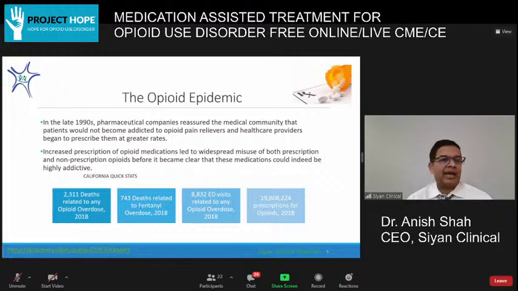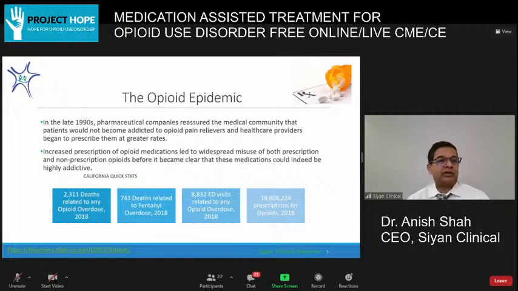What happened from that was increased prescription of opioid medication, which led to widespread misuse of both prescription and non-prescription opiates before it became very clear to all of us that this medication could indeed be highly addictive. We started learning about the data in the early 2000s, and since then we have had a progressively increasing problem with opioids.